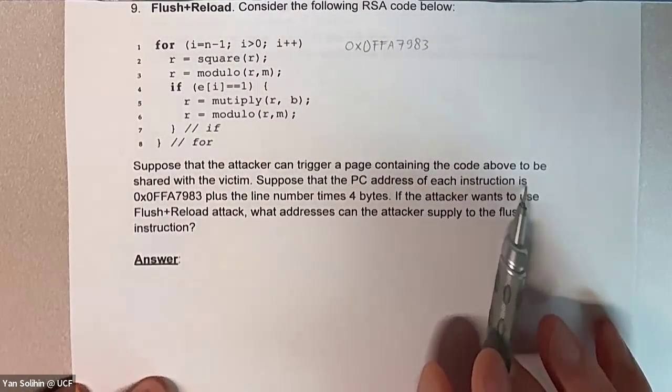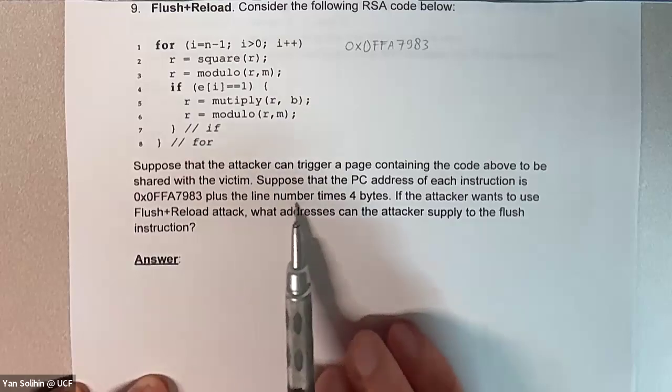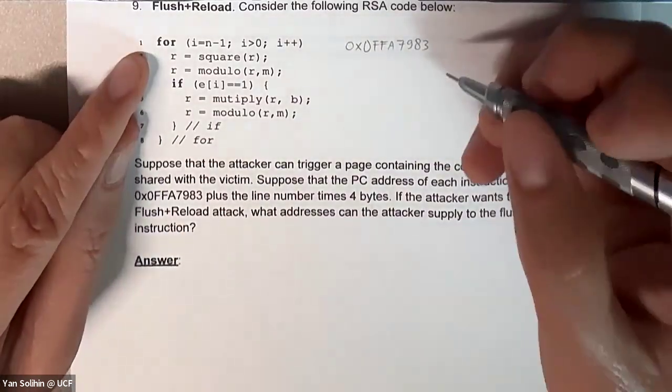Suppose the PC address of each instruction is this plus the line number times 4 bytes.